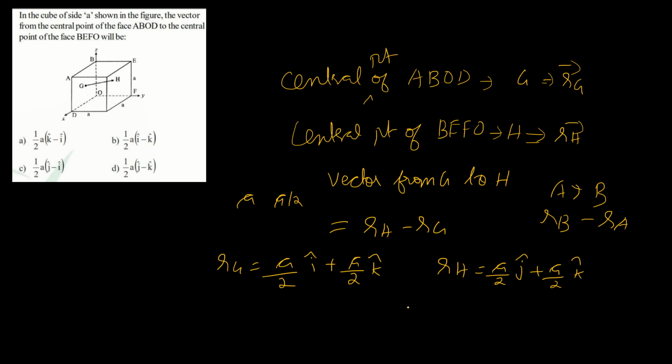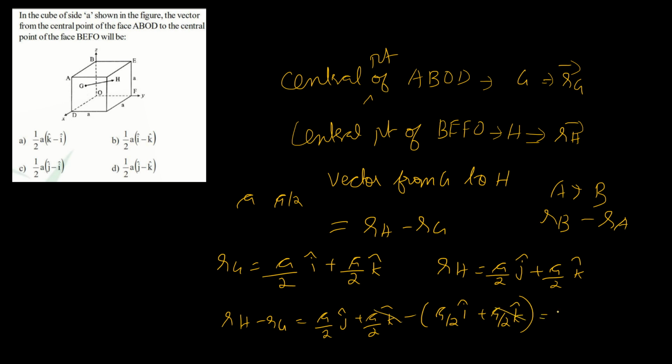So we have to find RH minus RG. RH minus RG is equal to A by 2 J cap plus A by 2 K cap minus A by 2 I cap plus A by 2 K cap. When we open the brackets, we can cancel off this A by 2, A by 2.